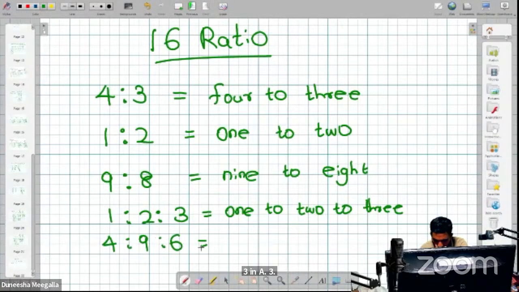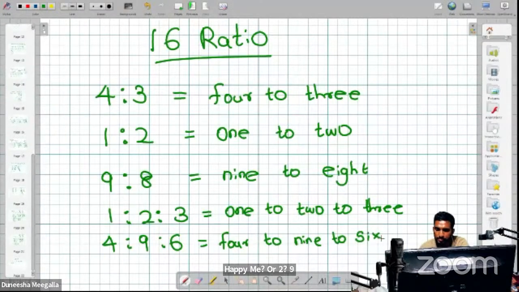How we read this? 4 to 9 to 6. Yes. We are talking about grade 7 topics. Write down these examples.